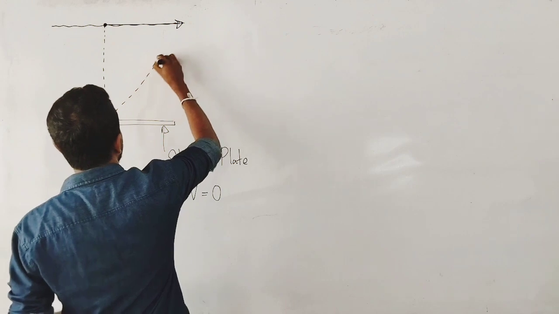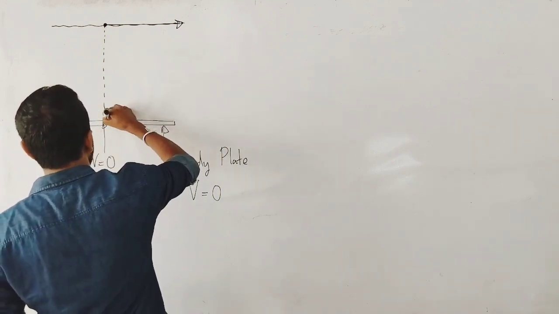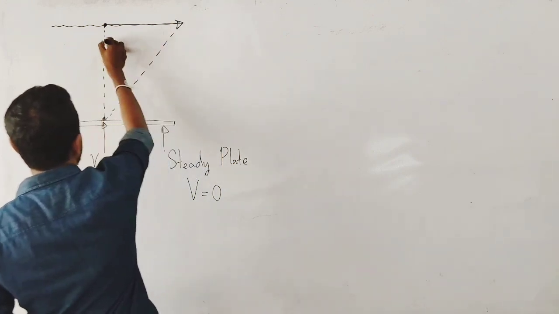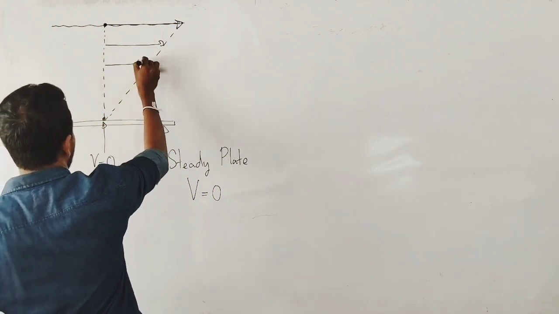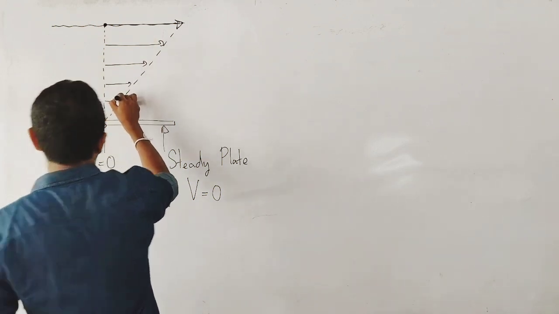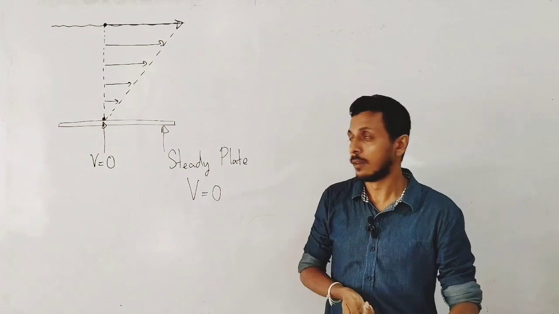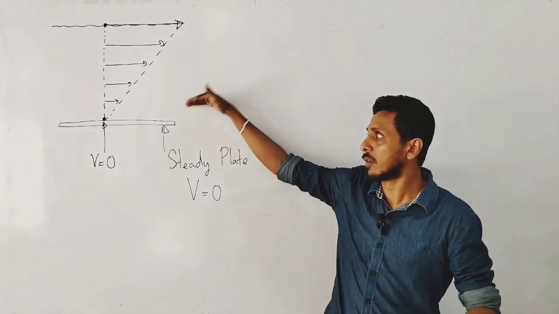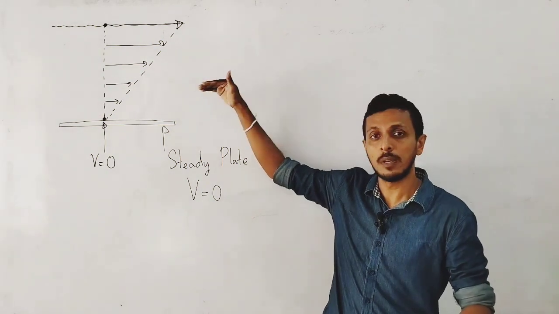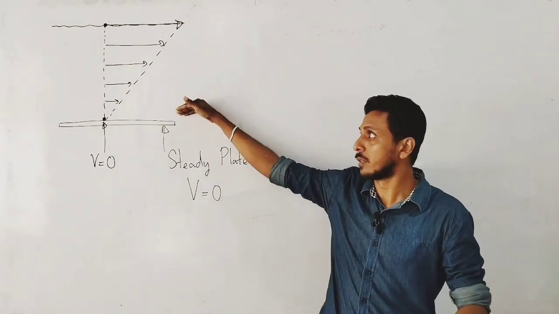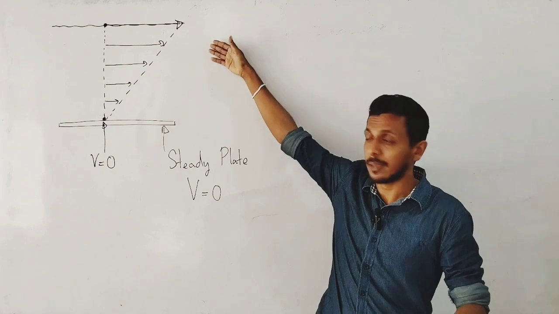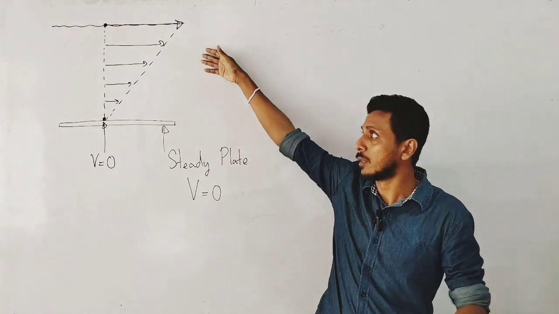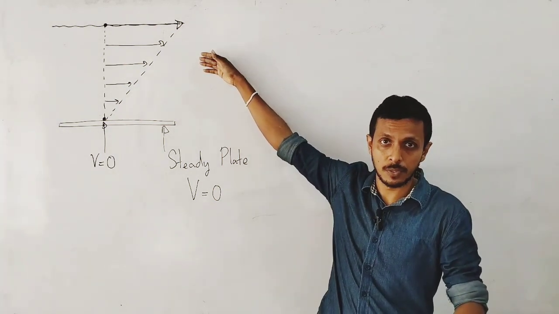So the velocity is gradually increasing when we move away from the steady plate. This leads to the separation of the fluid flow, because the bottom fluid layer has a low velocity magnitude, and the layers away from the steady plate have the fastest velocity magnitude.